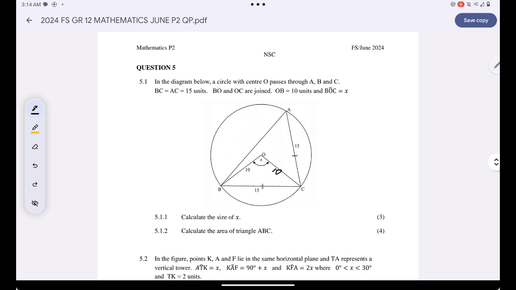How can we find the value of x? You can just use the cosine rule.